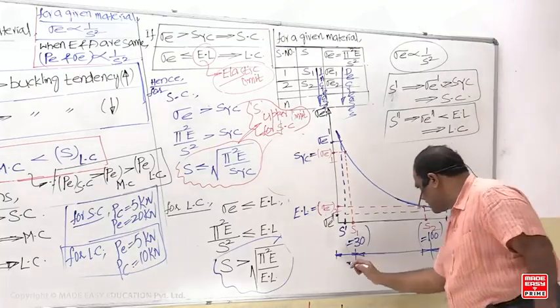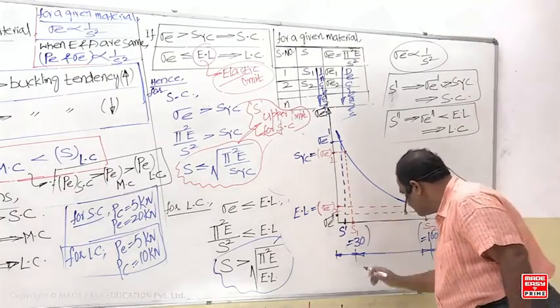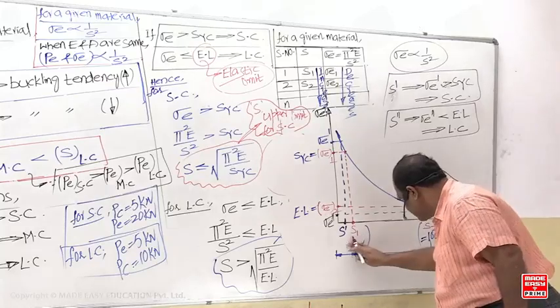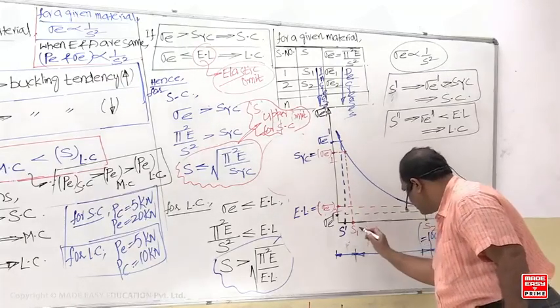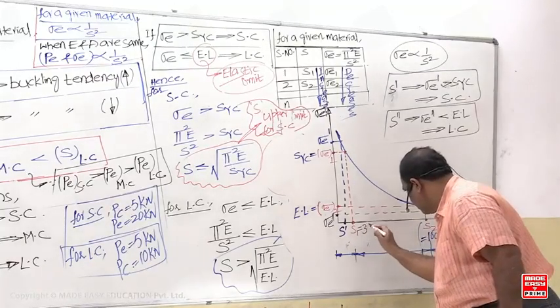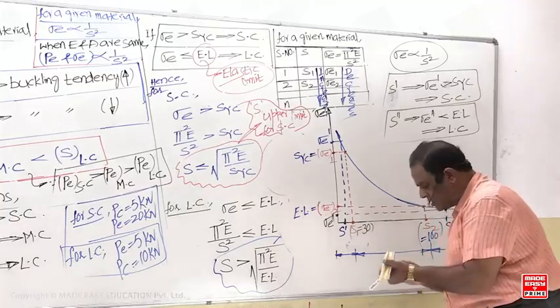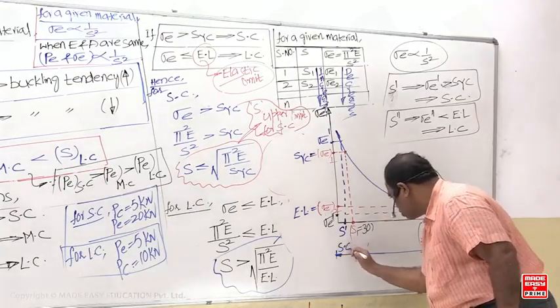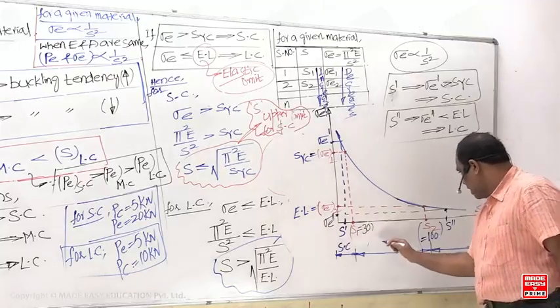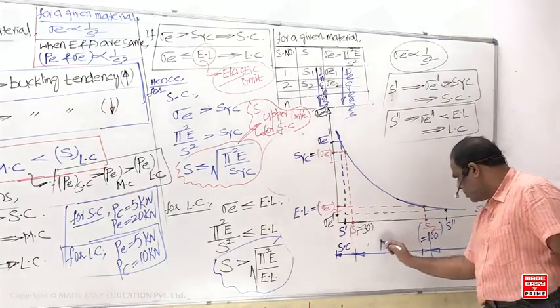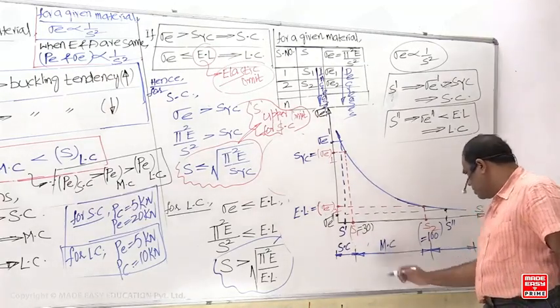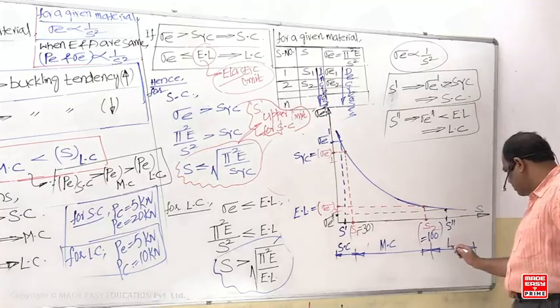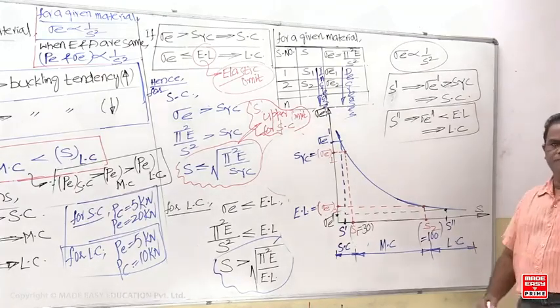So up to 30, that is up to S1, this represents short columns. Between S1 and S2, medium columns, and greater than S2, long columns.